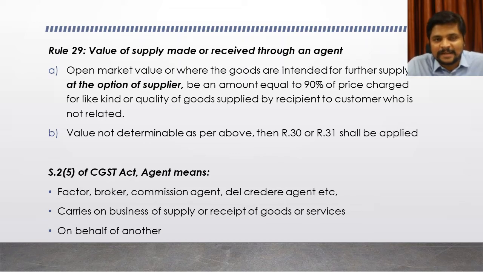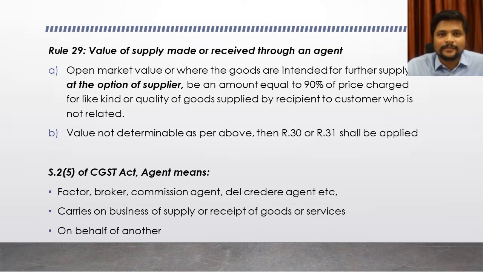But that same condition is provided in the clause itself here. In the clause itself, they say you can either take open market value, or if the goods are intended for further supply, then 90% of the price charged to the end customer can be taken as the value for this particular transaction. That is clause A.